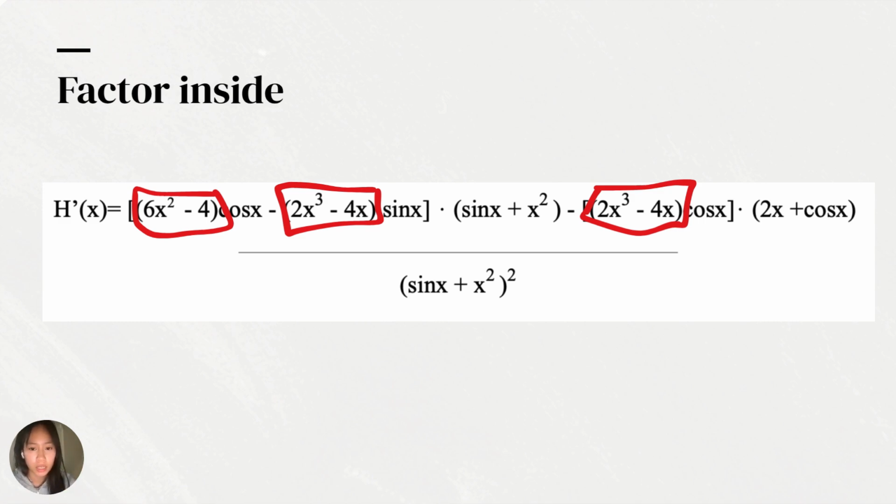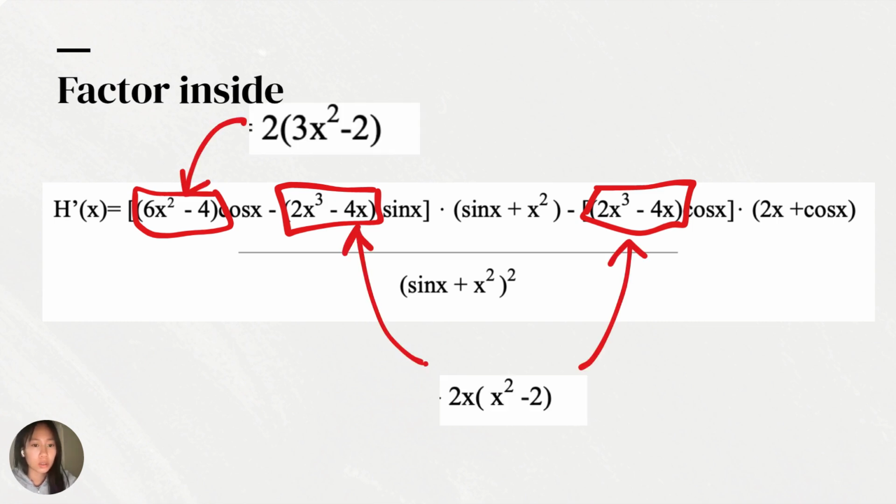Just to highlight them in case some people aren't able to find them: 6x^2 - 4 has a common factor of 2, and 2x^3 - 4x has a common factor of 2x. So to put it in simple terms, this is what it should look like.